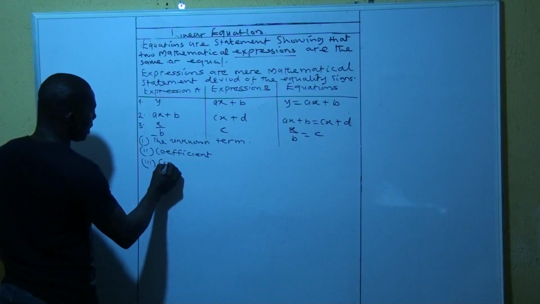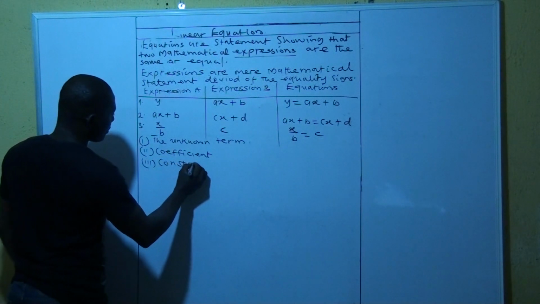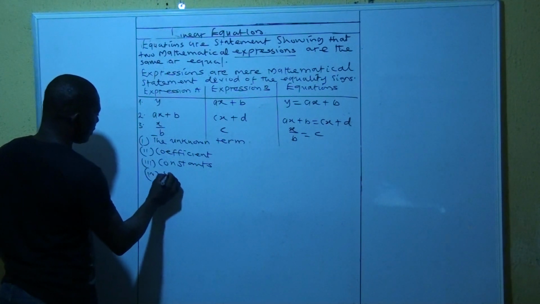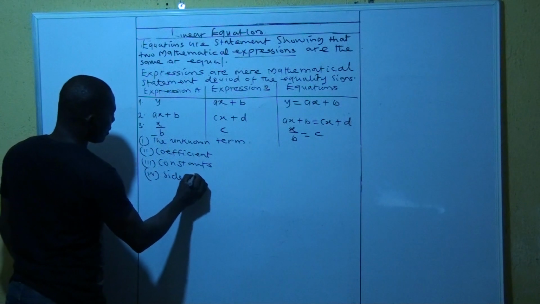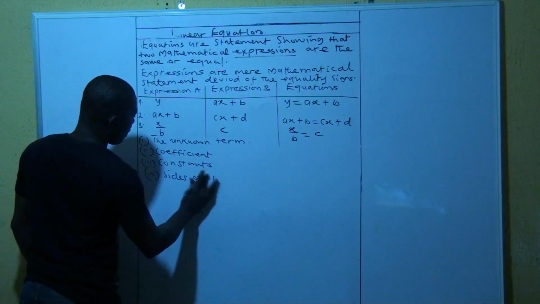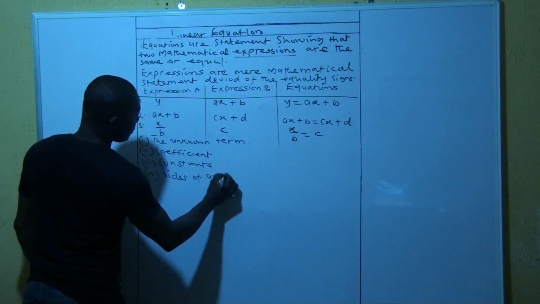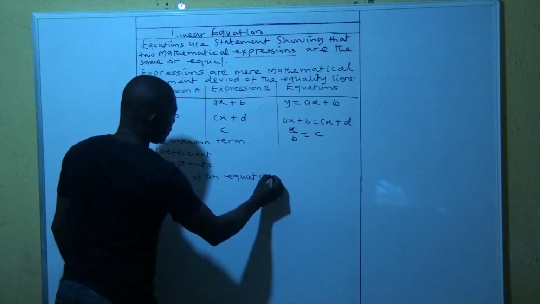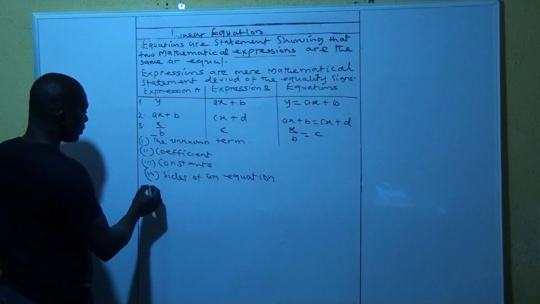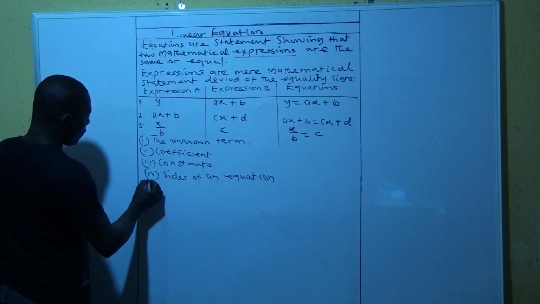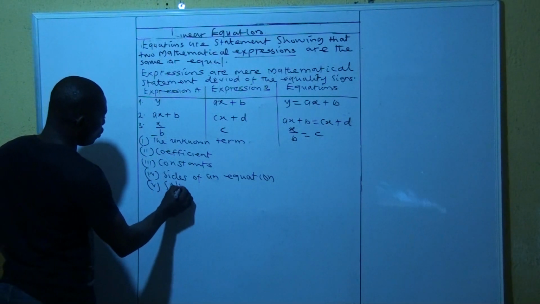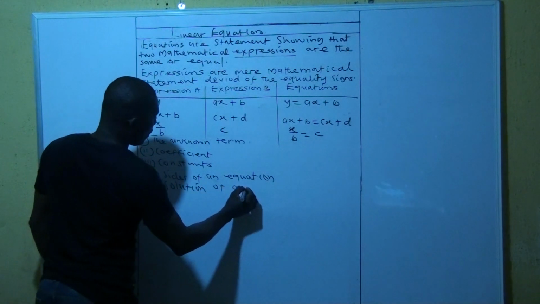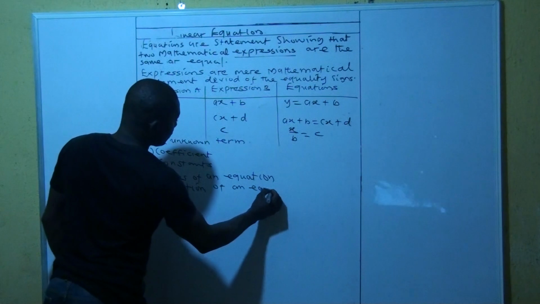Coefficient, then constants. On IV we have sides of an equation, and 5, solution of an equation.